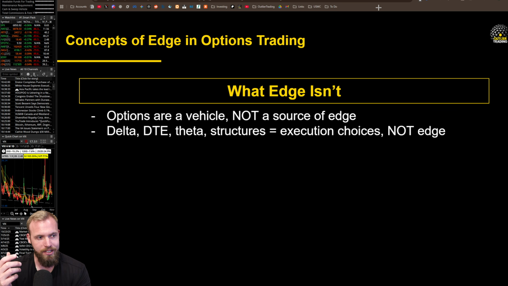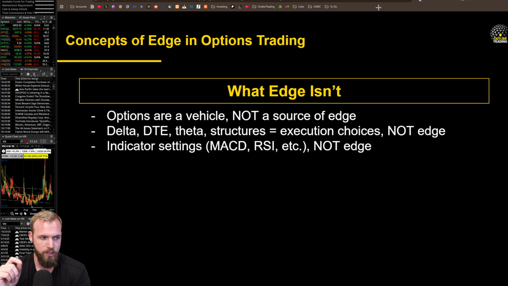Another is the delta you select, the days to expiration, theta itself, different option structures like strangles, verticals, iron condors. Literally none of those are Edge. They're just decisions about how you're looking to place a trade, ideally to capitalize on an edge, but not edges in and of themselves.